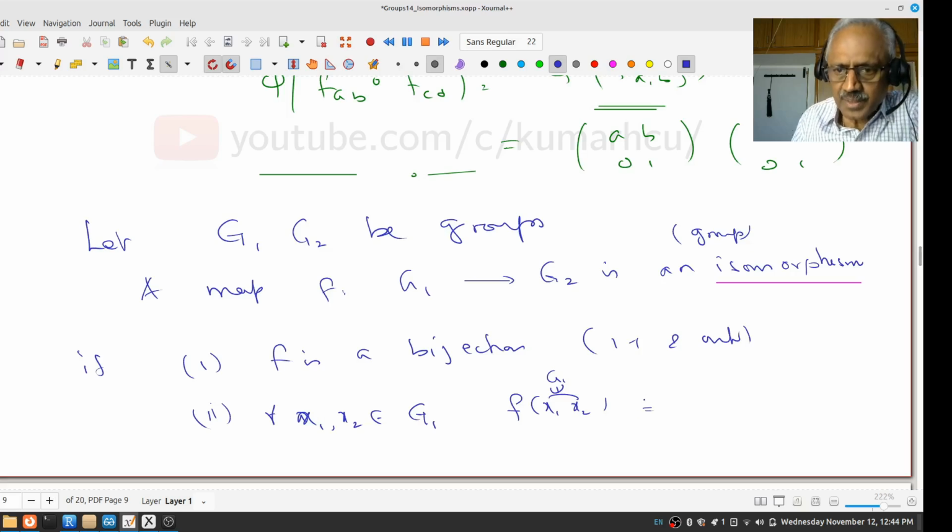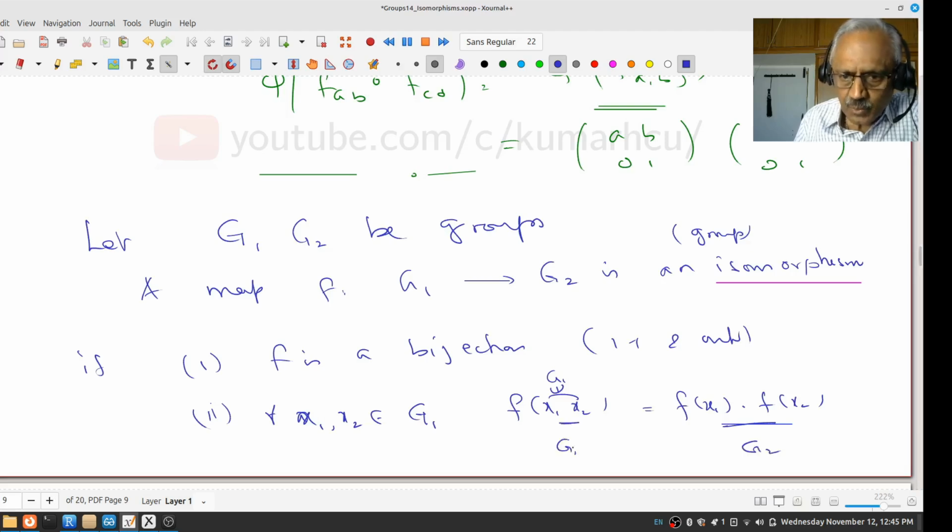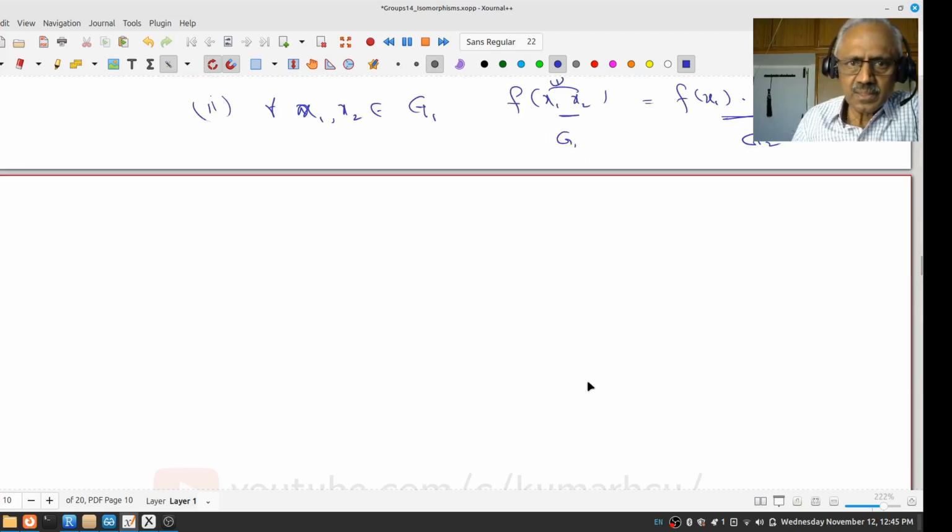That element should be f(x1) f(x2). Notice that here the binary operation is of G2, and there the binary operation is of G1. That's all.